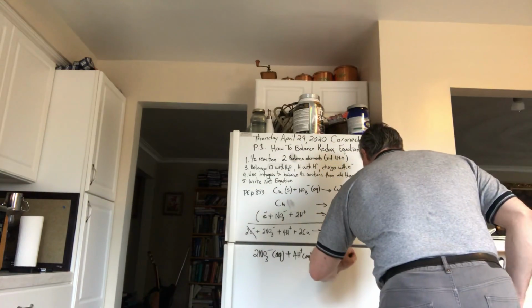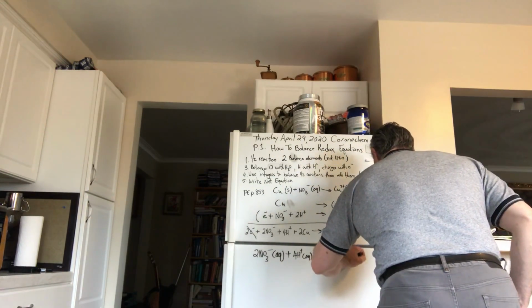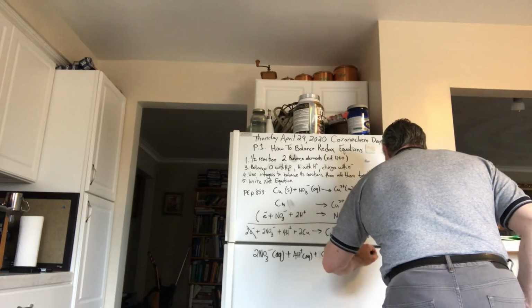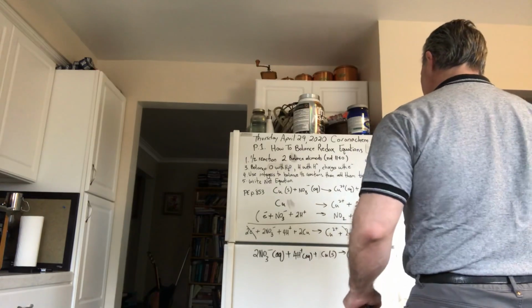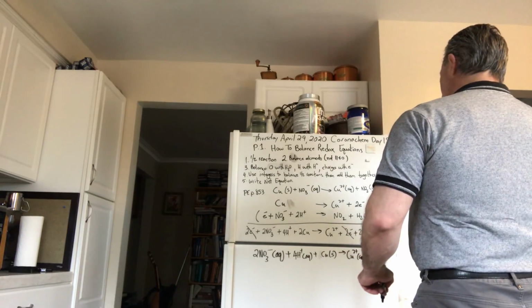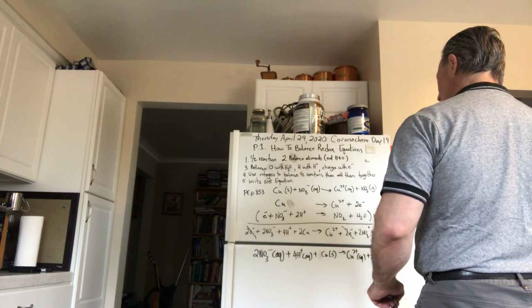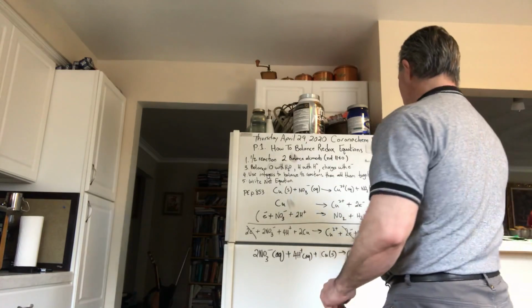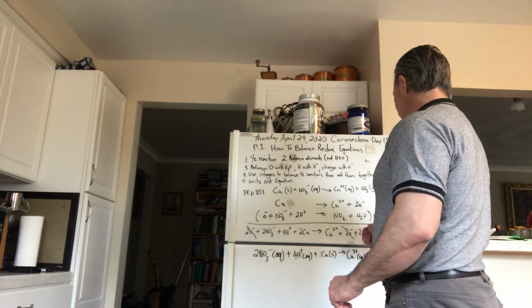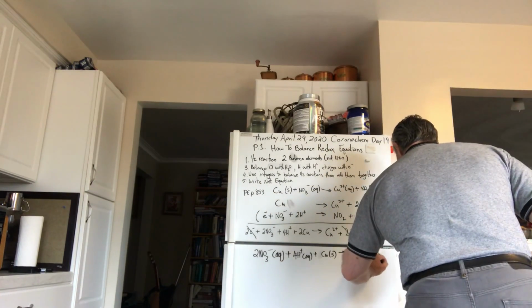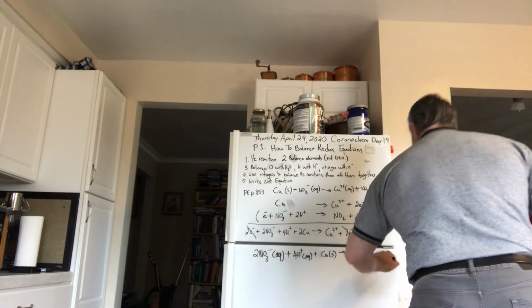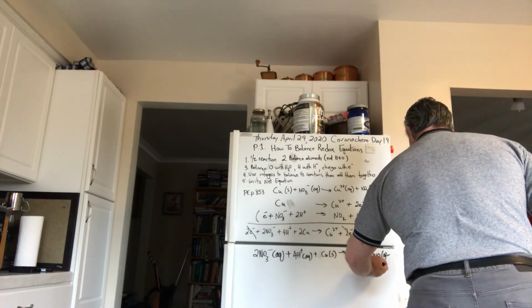And copper 2 plus aqueous plus 2 nitrogen dioxide, why is this plus now? You gotta be extra careful what you do, or you end up riddled with errors. That's a gas, and 2H2O liquid.